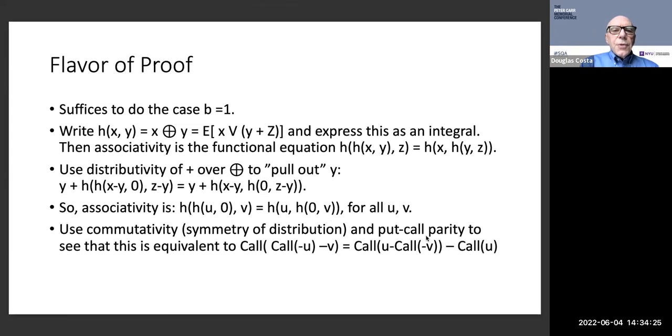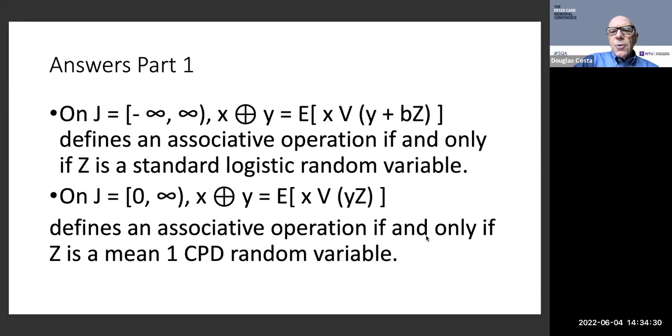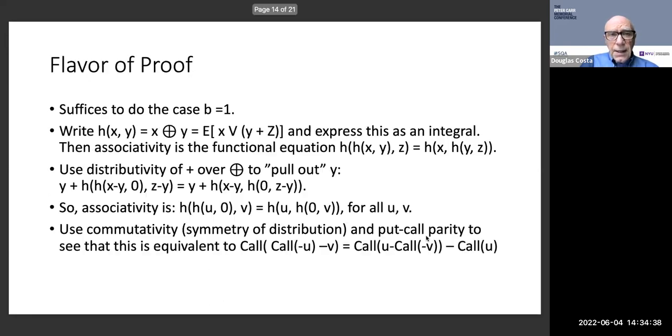So here's the flavor of the proof in the logistic case. In the logistic case, we had a parameter b, which is just going to represent the width of the logistic distribution. That's the scale. But the first observation is it's easy to see that it suffices to handle the case b equals 1.